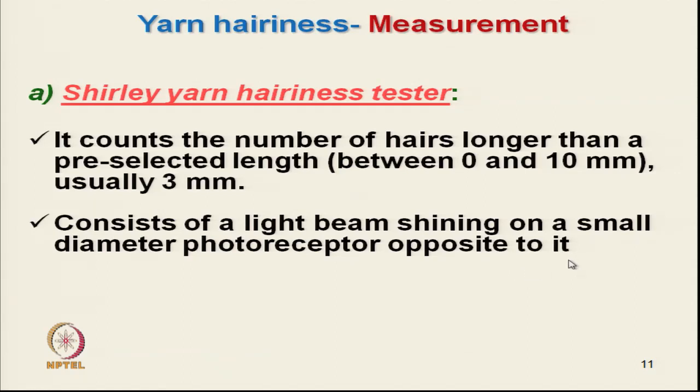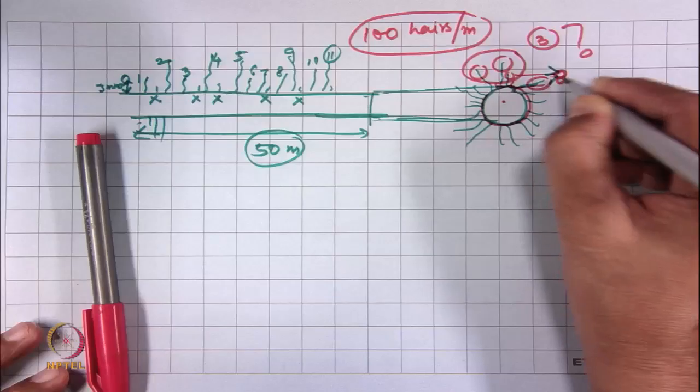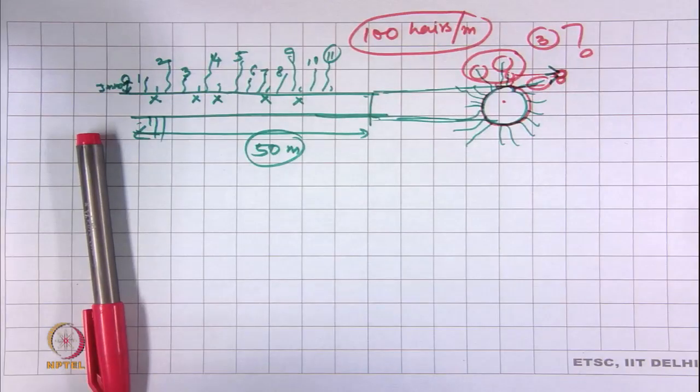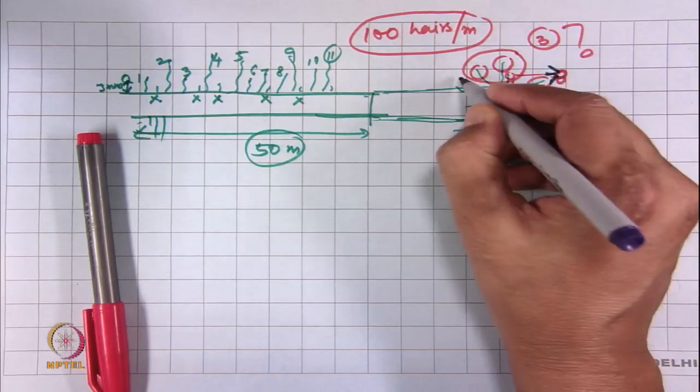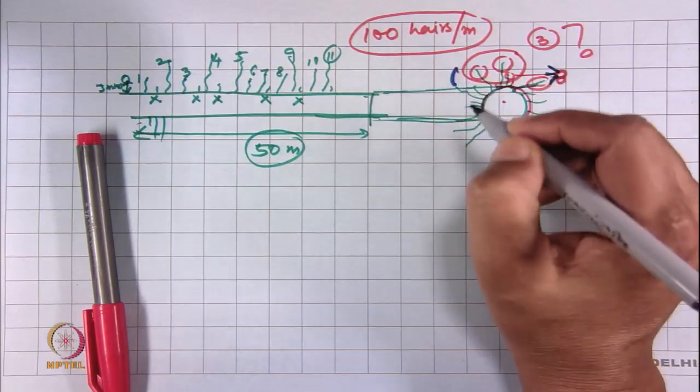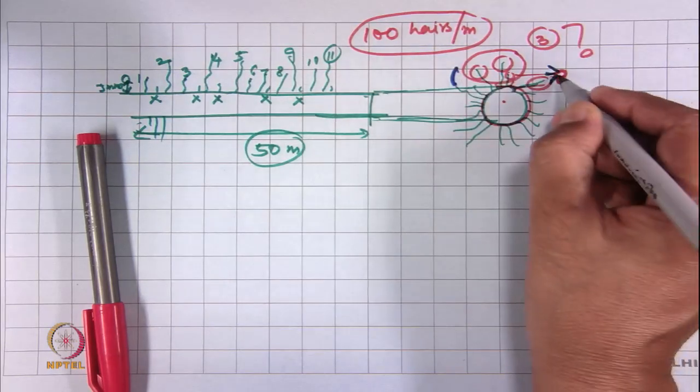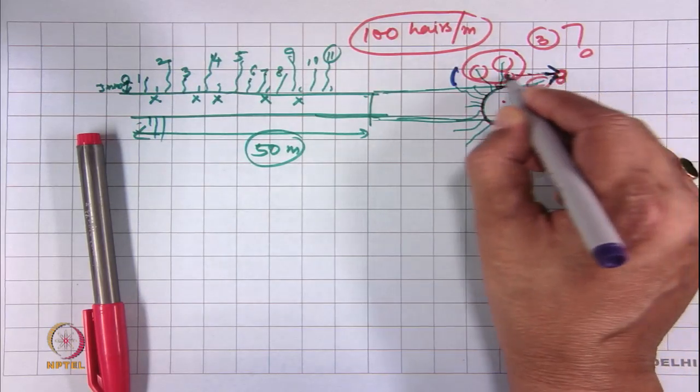So, in that picture, there will be one light source, and on the other side there will be a photoreceptor. This photoreceptor will actually get the signal.